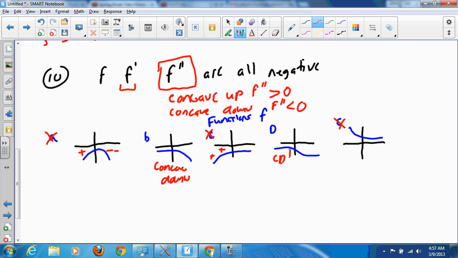Concave down all the way here and here. But right here, it looks like somewhere in here the concavity switches and becomes concave up. So if it's ever concave up, the second derivative then turns positive. And since our statement told us that the second derivative is also negative, we are going to eliminate D, and that leaves us with only one choice.